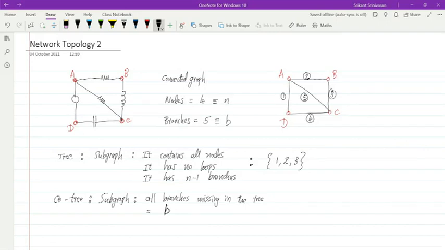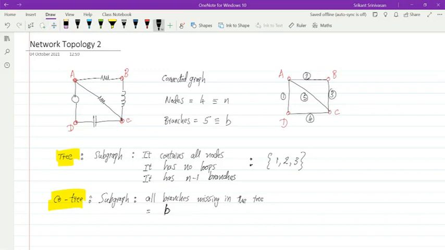Then we said that the subgraph which is a tree has n minus 1 branches, and now the co-tree, the original graph has b branches minus whatever is missing in the tree, right?